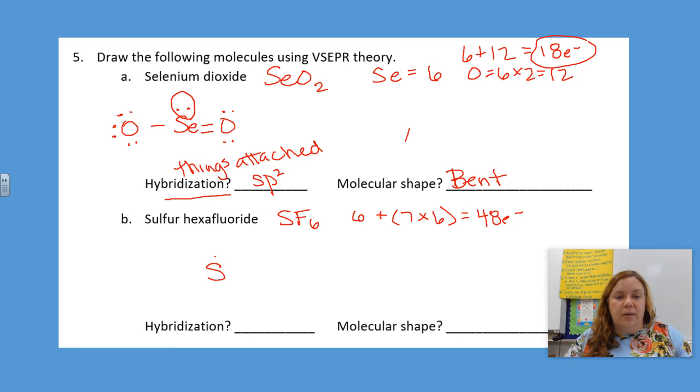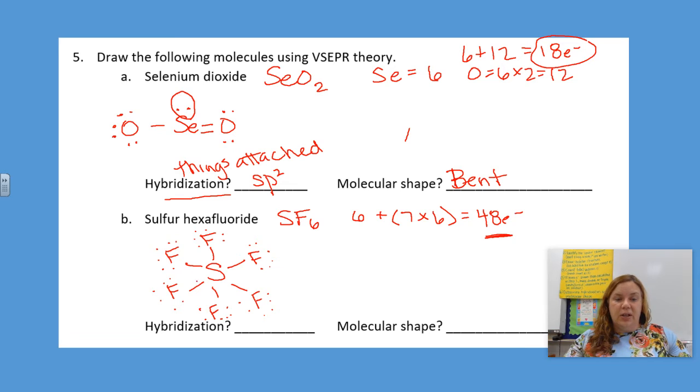Now this is weird, because this time sulfur can actually hold all 6 fluorines, and the reason is sulfur is in the 3rd energy level or below. So therefore it can hold all 6, and each fluorine will have 6 electrons around it in addition to the bond that it contains. And if you count all of those electrons and all of those bonds, you're going to get 48 electrons, which is our magic number.